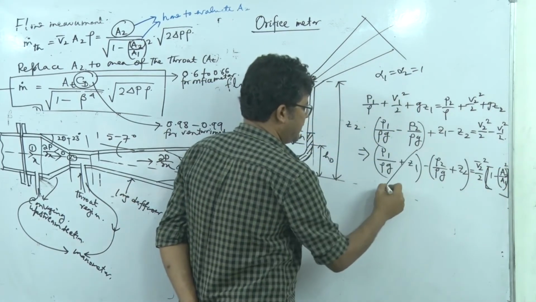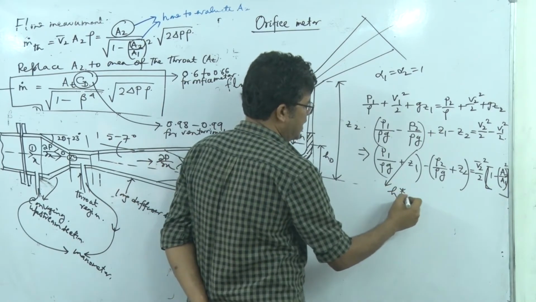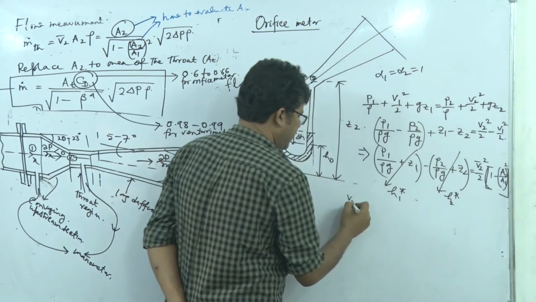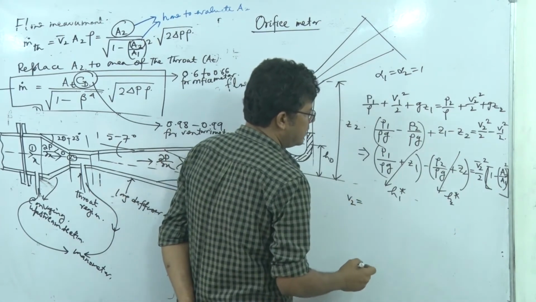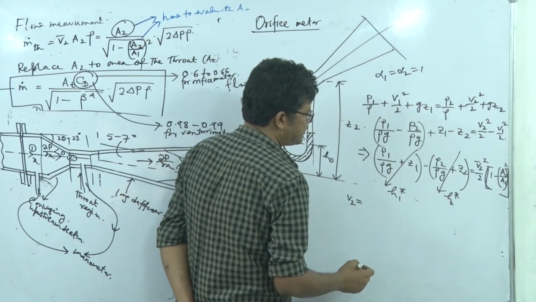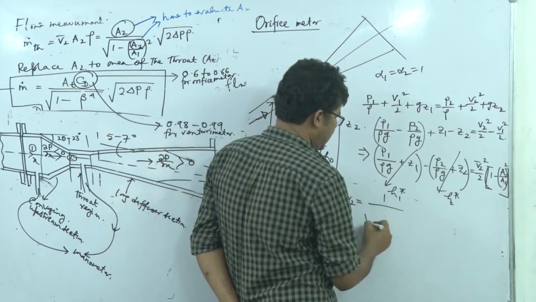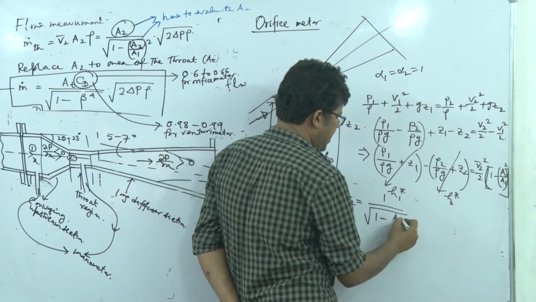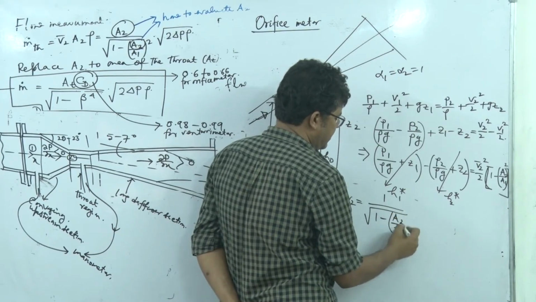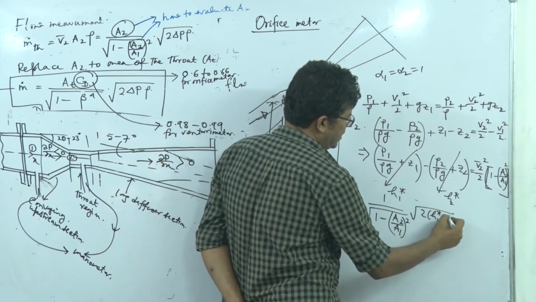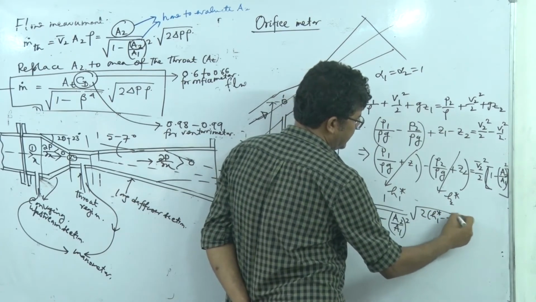So you see this piezometric head we will write as H1 star and H2 star. So V2 is going to give you 1 divided by under root 1 minus A2 by A1 whole square into 2g times H1 star minus H2 star.